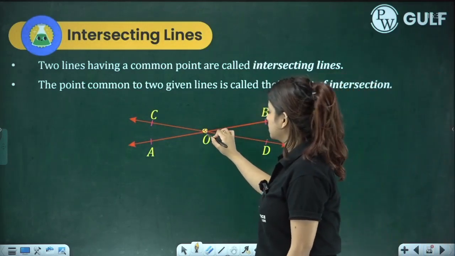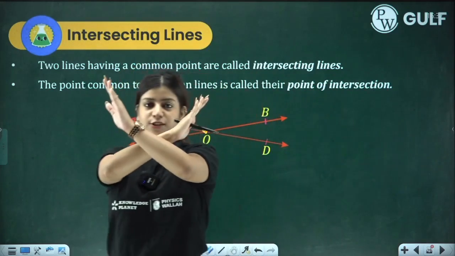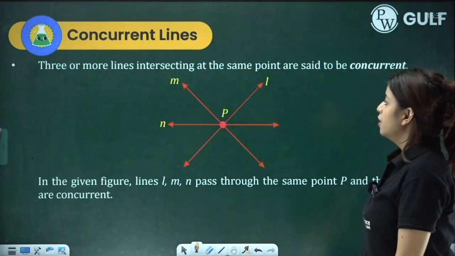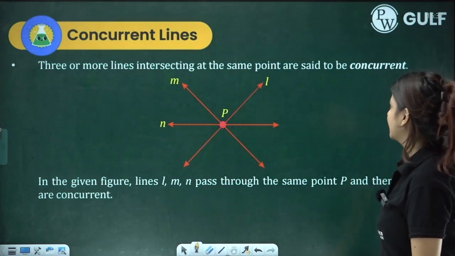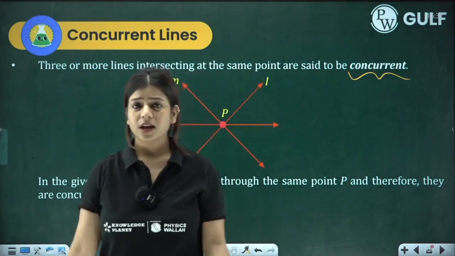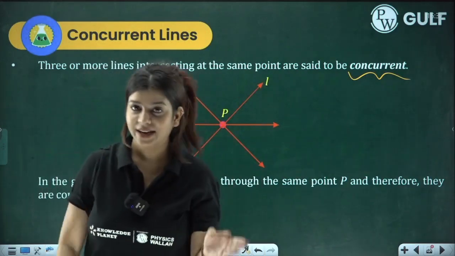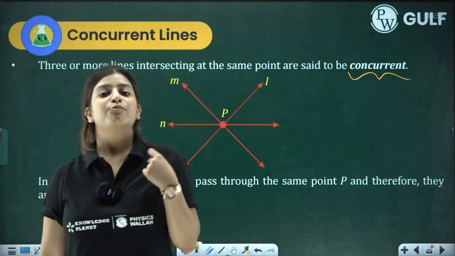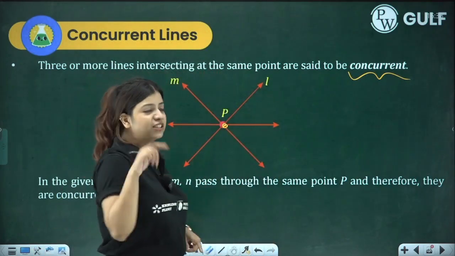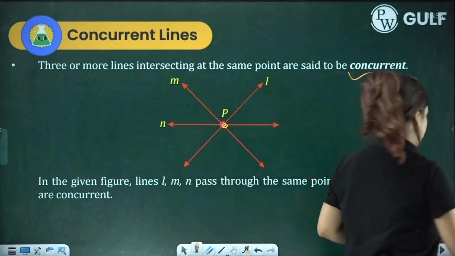The next we have is 2 lines having a common point is called intersection. So this point is called the point of intersection, intersecting lines. Next, 3 or more lines intersecting at the same point are called concurrent. If 2 lines are crossing each other, they are intersecting lines. If 3 or more lines are passing through one common point, such lines are known as concurrent lines.